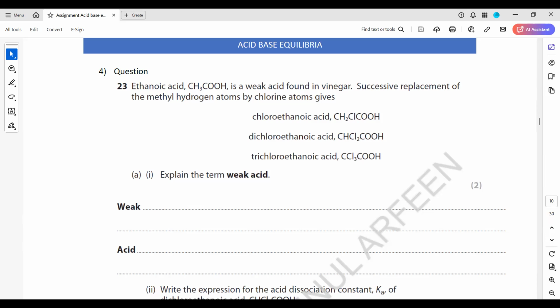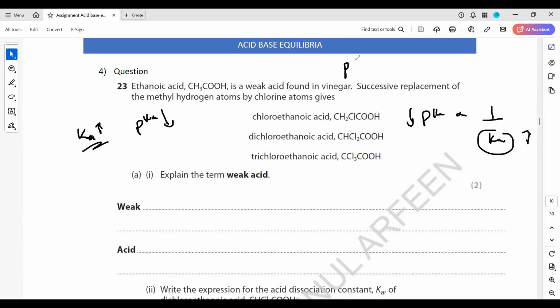Two things are different. We compare Ka: the one which has the higher Ka will be stronger. Or with pKa, the one which has the lowest pKa will be the strongest, because the relation between Ka and pKa is inverse. If the Ka is higher, the pKa is lower. Same concept as pH. pH is the negative log of hydrogen ion concentration, so if there is more hydrogen ion concentration, the pH will be lower.